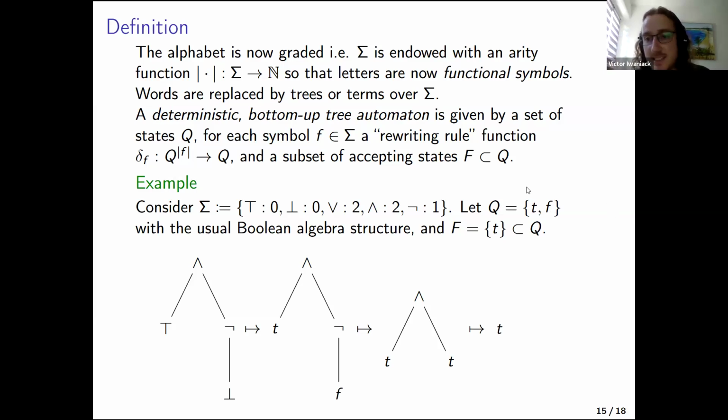So you have two states, T and F, true, false, and you take as only accepting state the true state. So you start from your tree and you rewrite, and then you eliminate and you end up with only one state. So you first replace the constants, which are the leaves. So true, false. Then negation of false is true, and then you have true and true, so you have true, basically.